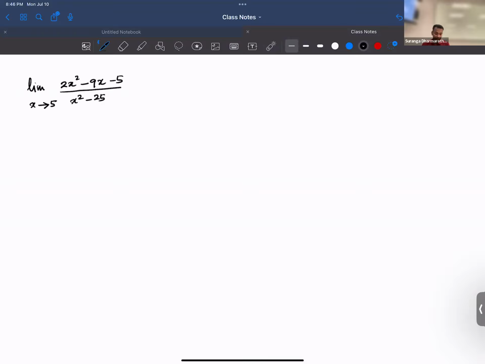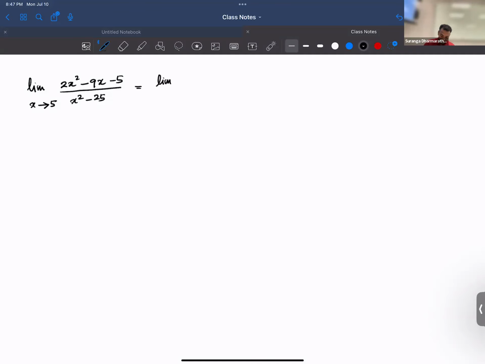So when x goes to 5, limit of this term. If you put 5 in there, the first one becomes 50, and then 45 minus 5 is 0. And the bottom is obviously 0. So we want to do algebraic simplification.